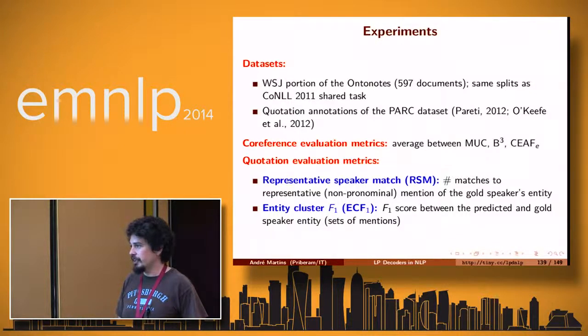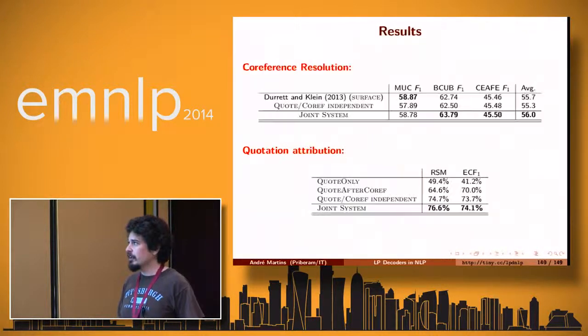So we have a score that looks at the clusters of predicted mentions and gold mentions describing the correct author. And another metric defines a representative mention to represent the speaker, something which is non-pronominal.